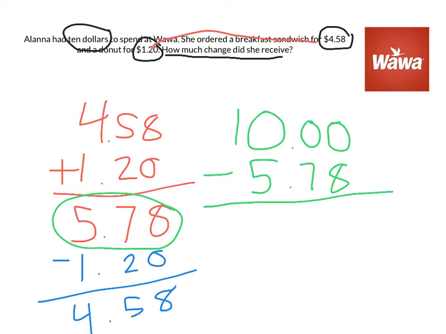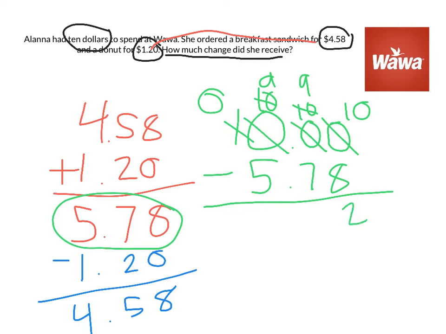And now I'm going to subtract, and subtraction rules stay the same. I can't take anything away from 0, so I need to exchange some of my place values. This becomes a 10, and then a 9. This gets a value of 10, and then a 9, and then that gets to be a 10. So 10 minus 8 is 2, 9 minus 7 is 2, drop down my decimal, 9 minus 5 is 4.